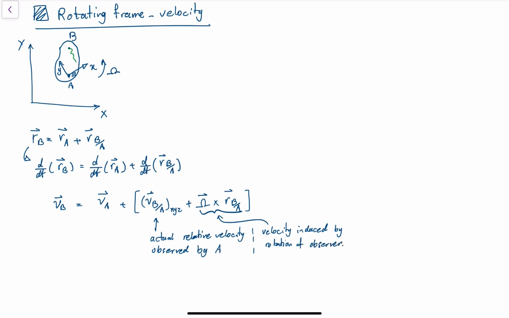Let me try to relate this to a very familiar case that we already know. I'm trying to redraw everything. This is the body, this is A. Let's, for simplicity, assume point B only goes back and forth along a straight line.